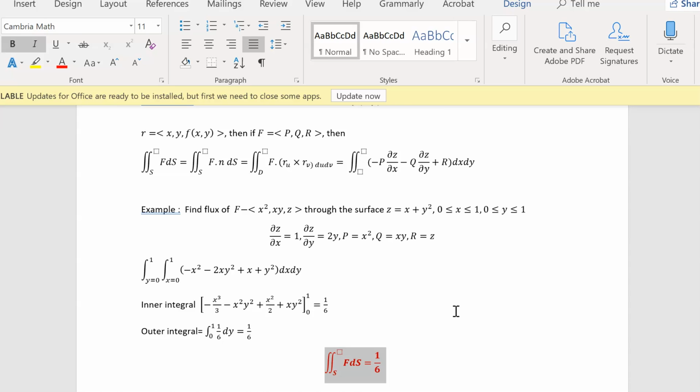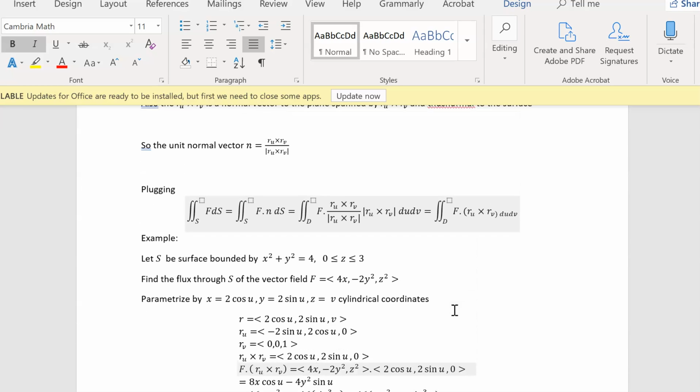In the first two videos we talked about how we are integrating a scalar function of x, y, and z over a surface, and now we learned how to integrate a vector field over a surface, and that particular integral is called a flux, and we learned how to find the flux using this formula.